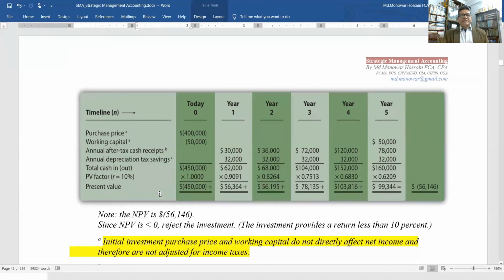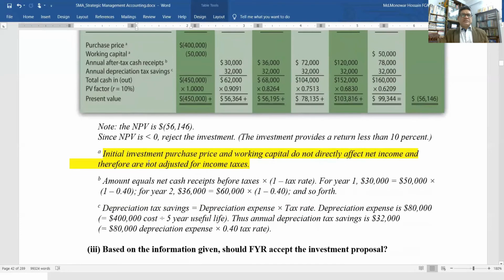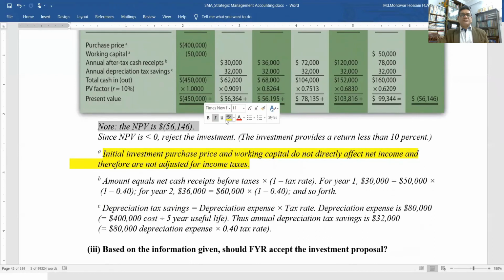Multiply that, we get present value. The net present value is minus 6,146. The NPV is negative. Since NPV is less than 0, reject the investment. So the investment decision is negative.